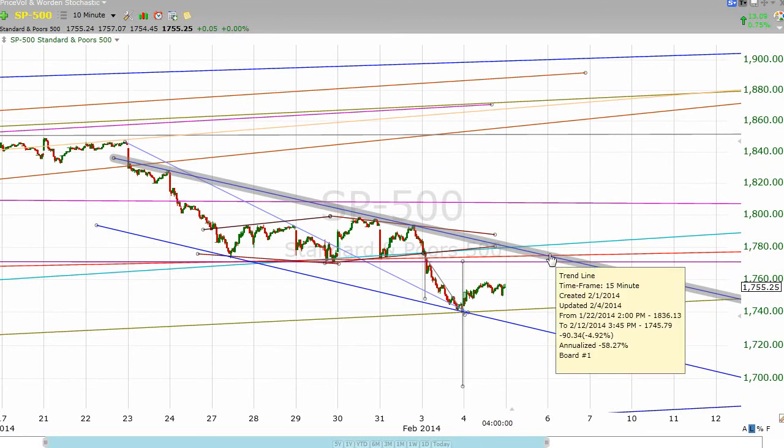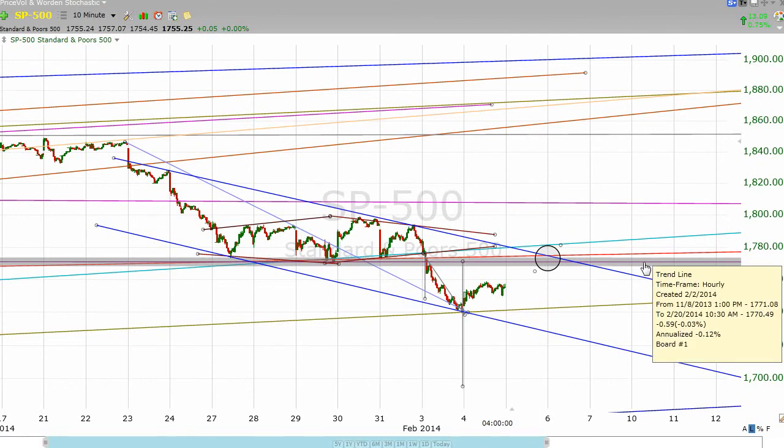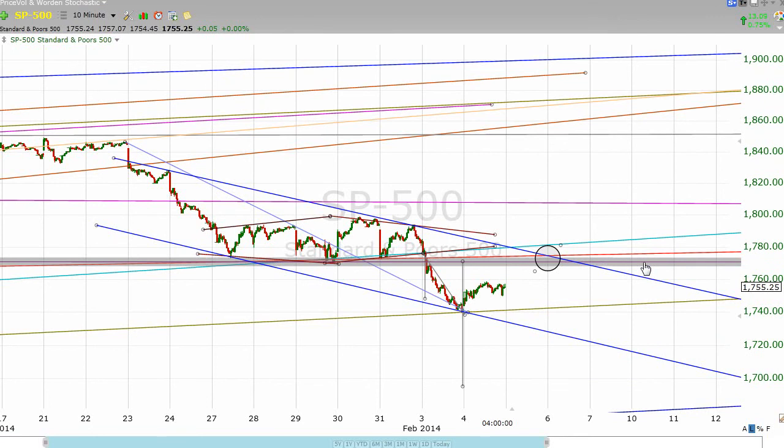If that were to happen, let's say tomorrow near the close, we need to be aware of the fact that we've got a real cluster of resistance right here that will likely be quite challenging, to say the least. Right there it is. We have our neckline of this quasimodo, if you will, head and shoulders.